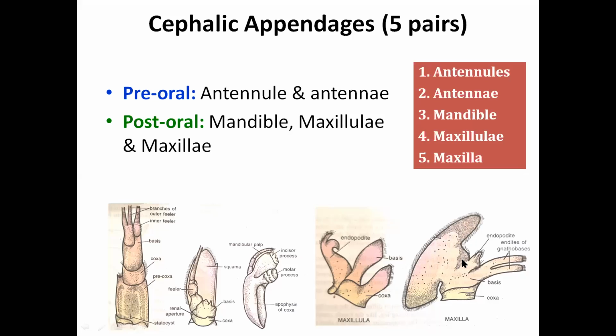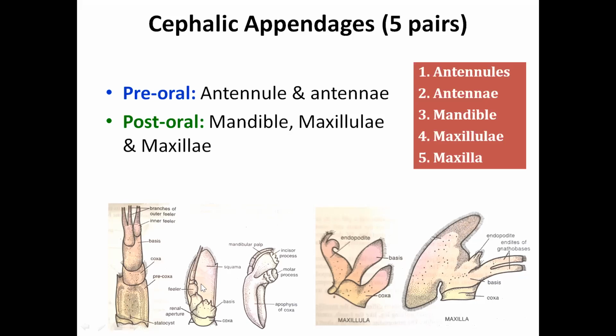It has two functions, one in feeding and another is the respiratory function, because one of its structures basically bails inside the gill chamber of the prawn. So it has feeding as well as respiratory function. So here you can see that the first one has the tactile function, the second one has the tactile and equilibrium function.